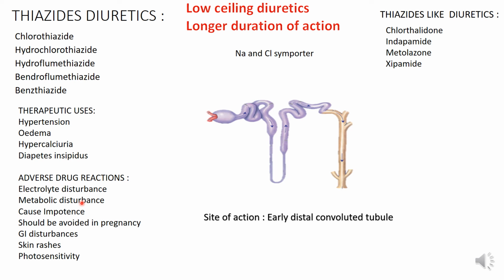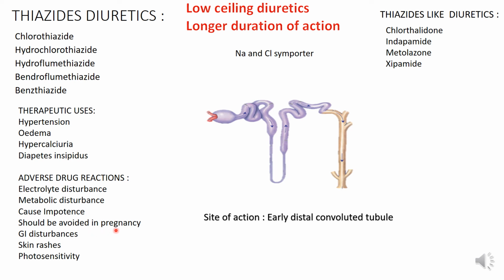Now, it causes impotence. What is impotence? In impotence, a young man has difficulty achieving erection and orgasm. Therefore, we are not going to give thiazide diuretics to young men. Moreover, they should not be given in pregnancy. Why?